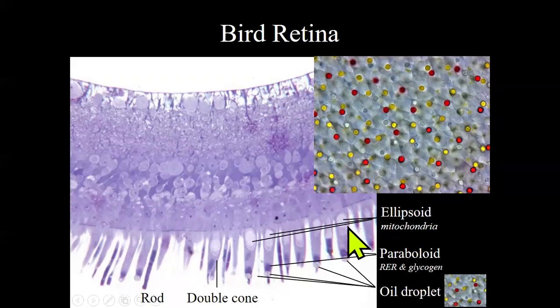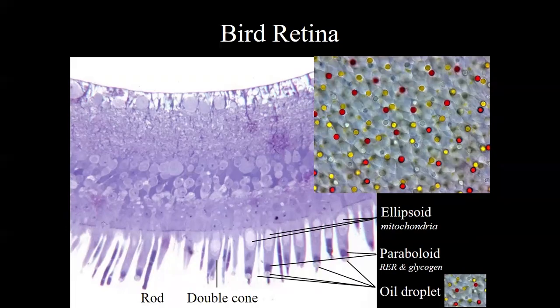A lot of these things will be the same in a mammal. The inner segments of the photoreceptors contain what's called an ellipsoid towards the major part of the neural retina, and that's where all the mitochondria are. And then immediately next to the outer segment, there's what's called the paraboloid, and that is inhabited by rough endoplasmic reticulum, where amino acids are incorporated into proteins.